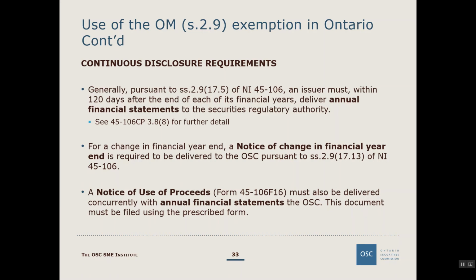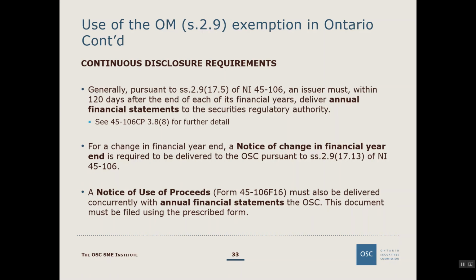Companies that use the OM exemption in Ontario have ongoing disclosure requirements and must deliver financial statements annually to the OSC. Generally, an issuer must deliver annual financial statements 120 calendar days after their financial year end to the OSC. If an issuer has changed their financial year end, they must also file a notice of change in financial year end.